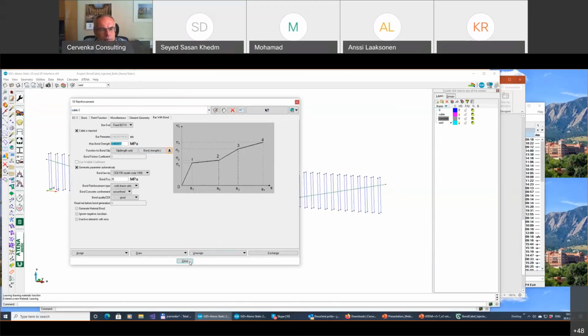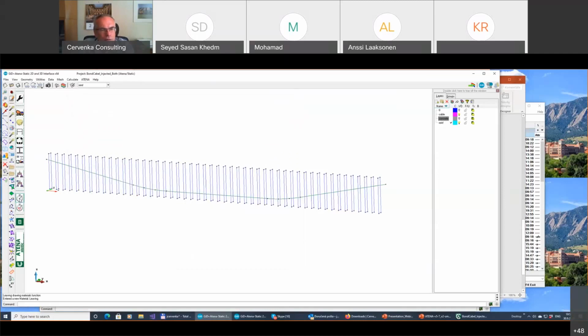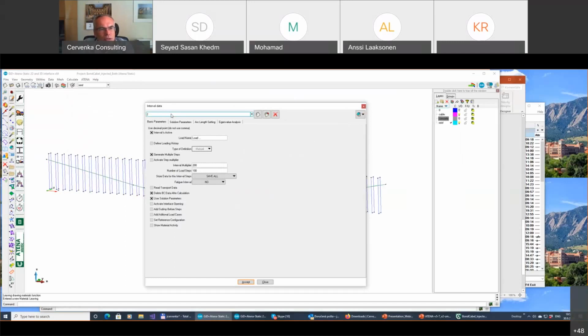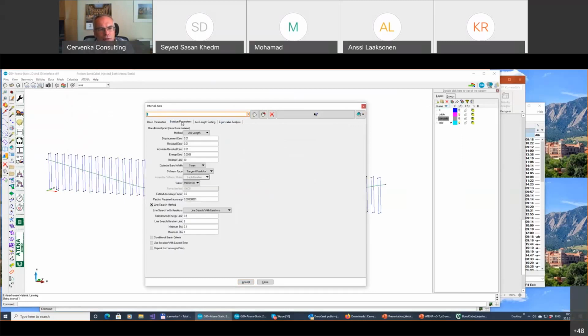Okay, that's perfect. Thanks. And what I forgot also to mention, because we are a little bit running out of time, we have to say in the program that in the first interval, we simulate the prestressing. And in the second interval, we want the cable to be injected.